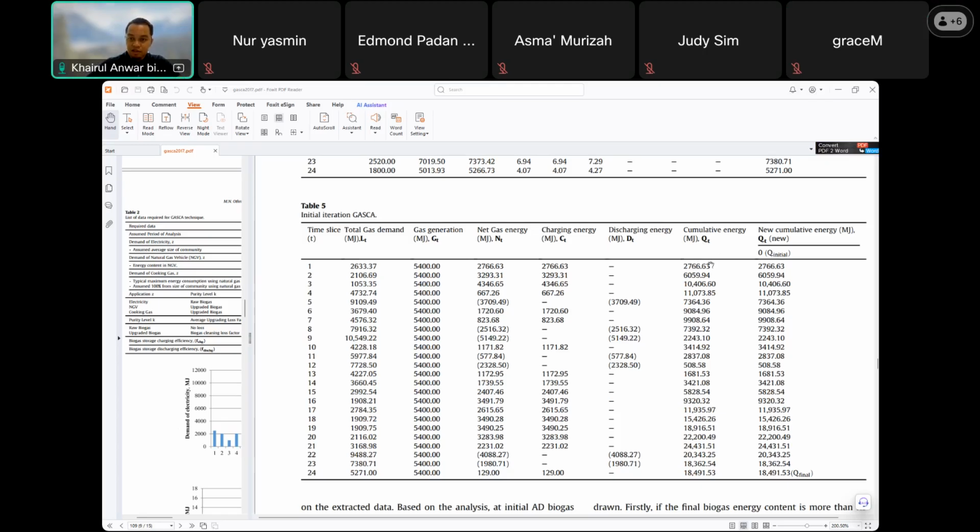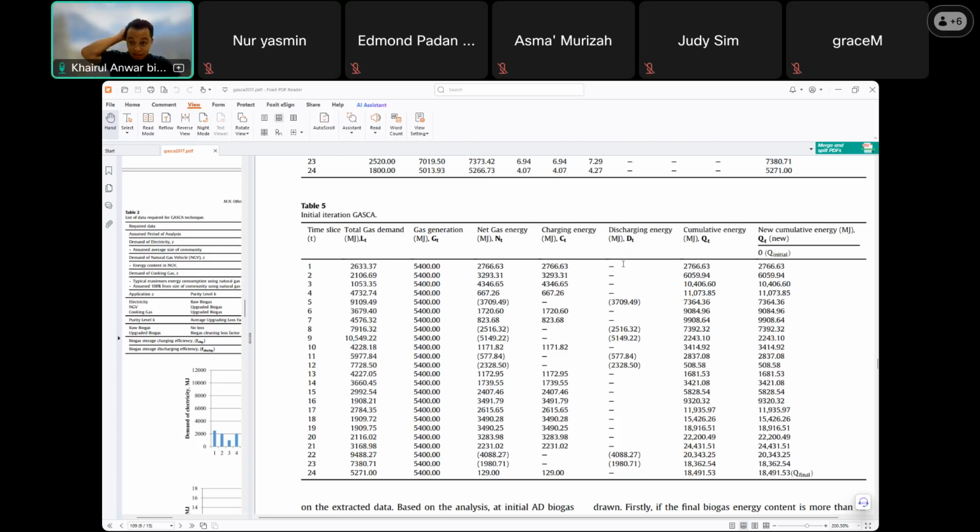So 2766, then 2766. This is a new cumulative energy QT, which falls under equation 7. QT equals QT minus 1 plus CT plus DT.